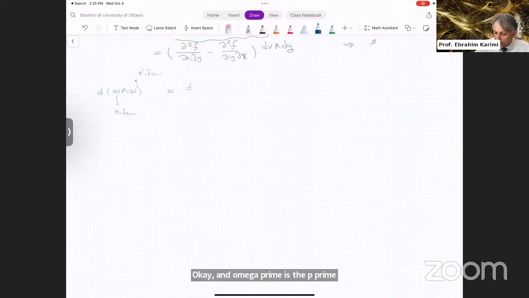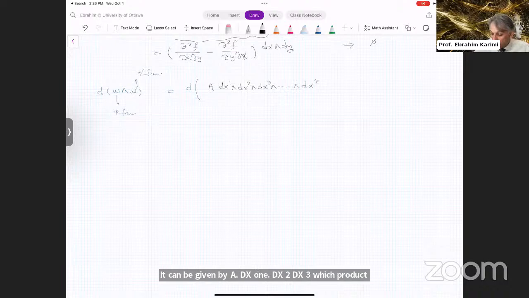I have to take the derivative of omega, which in a general form can be given by a dx1 wedge dx2 wedge dx3 until dxp, because omega is the p form.